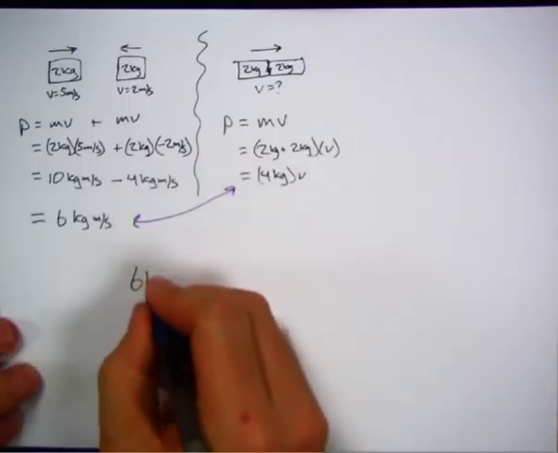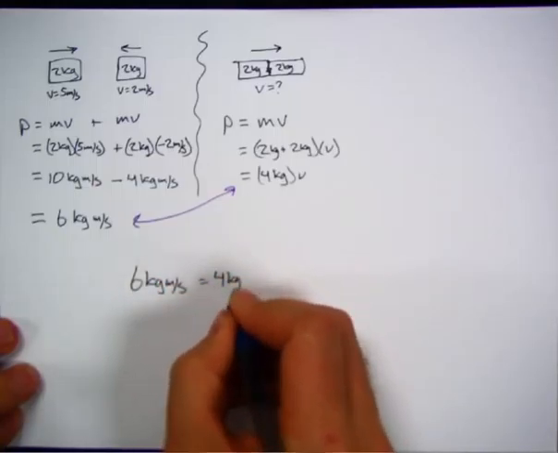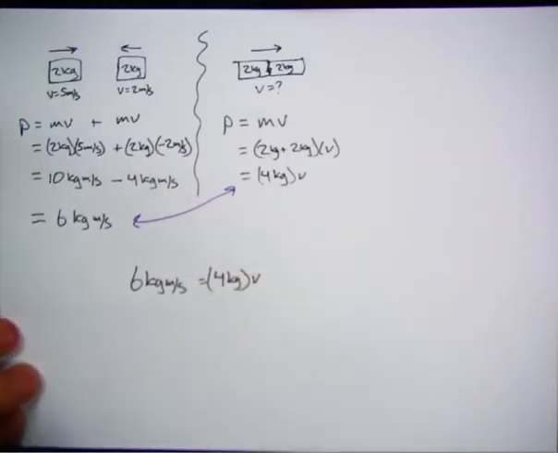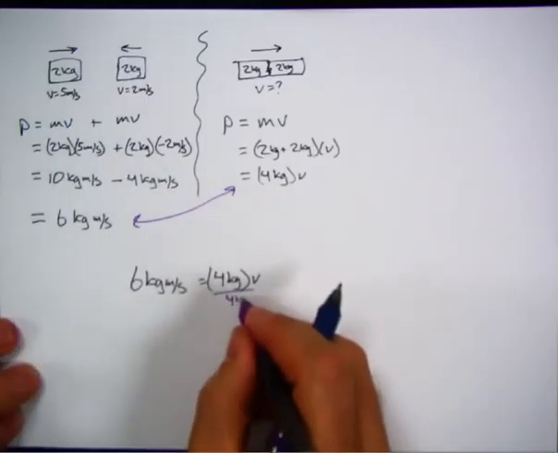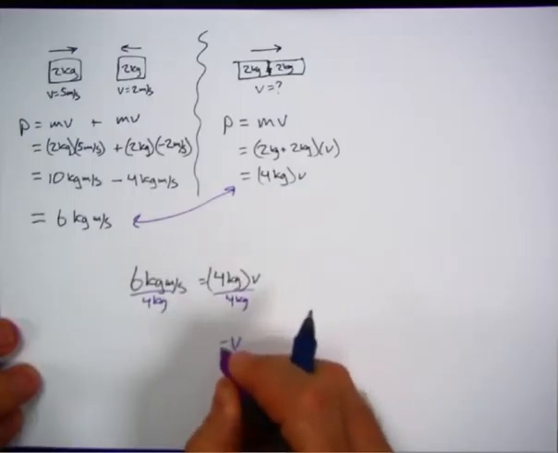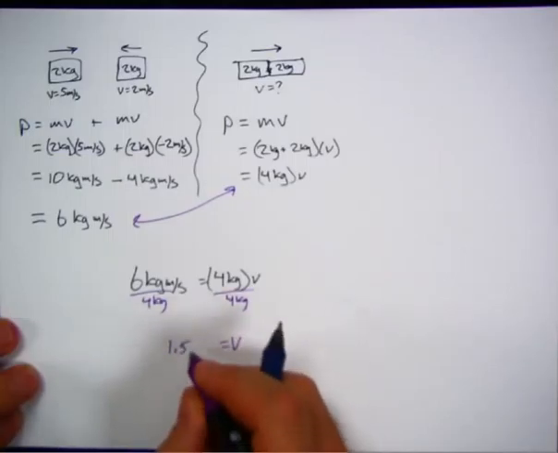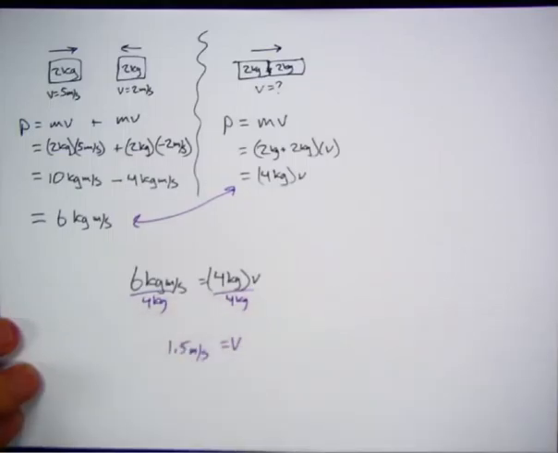So my 6 kilogram meters per second is equal to 4 kilograms times my velocity. Divide both sides by 4 kilograms, and I end up with a velocity equal to 1.5 meters per second.